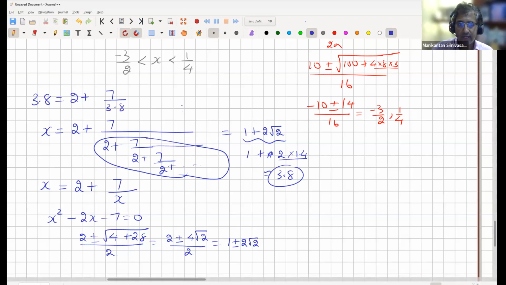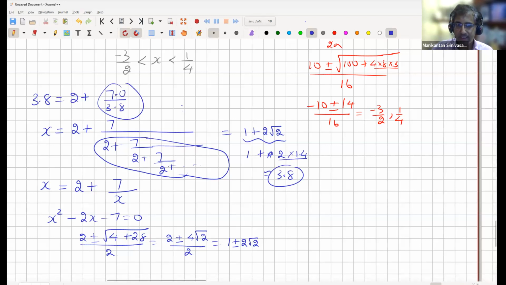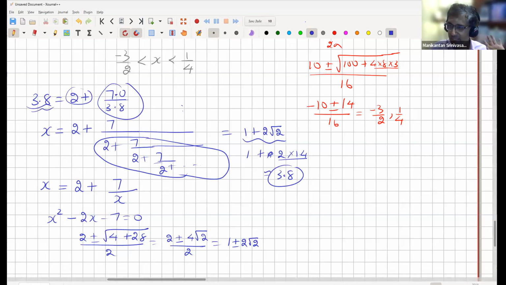Roughly we can check, right? So 7 upon 3.8 is slightly less than 2, because 3.8 times 2 is 7.6. In the numerator we have 7.0, not 7.6. And therefore, arguably, this is maybe 1.8, 1.9. So 2 plus 1.9 is 3.9, roughly okay. Just very simple sense checking you guys should always do, right?